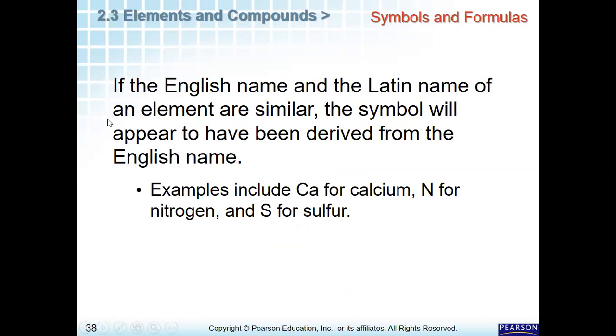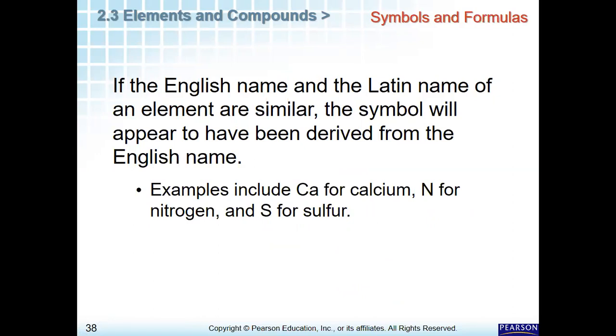If the English name and the Latin name are similar, the symbol is going to be derived from the English name. For example, calcium. Calcium is the name in Latin and in English too. So we derive it from the English name, which is Ca.